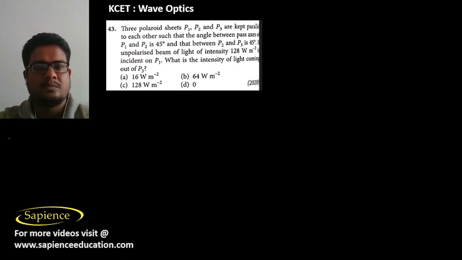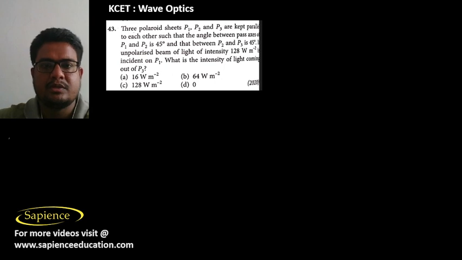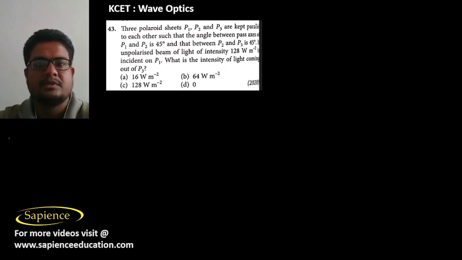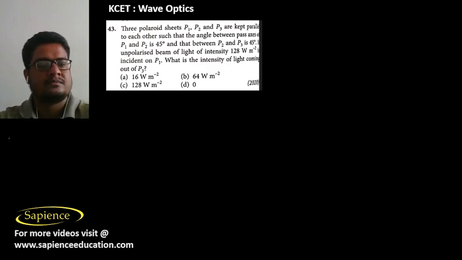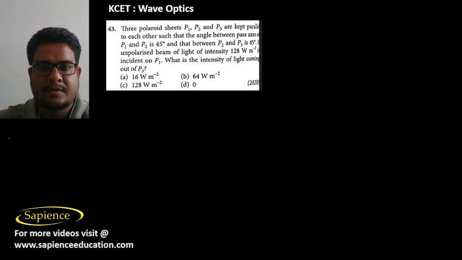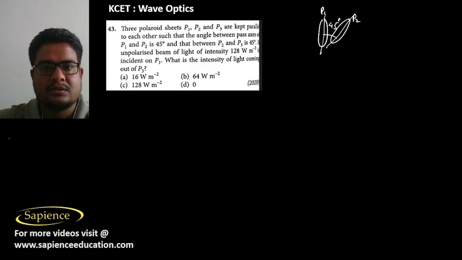Three polarized sheets P1, P2 and P3 are kept parallel to each other, such that the angle between the pass axis of P1 and P2 is 45 degrees, and between P2 and P3 that is also 45.